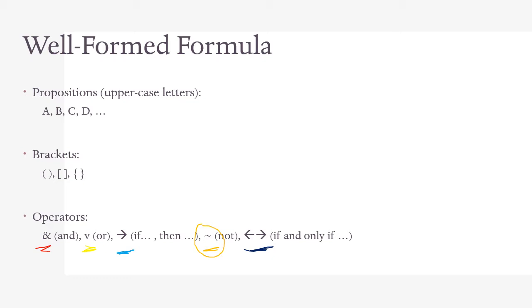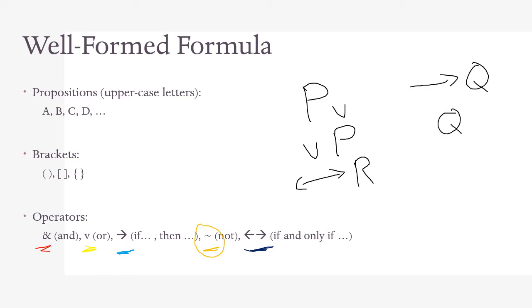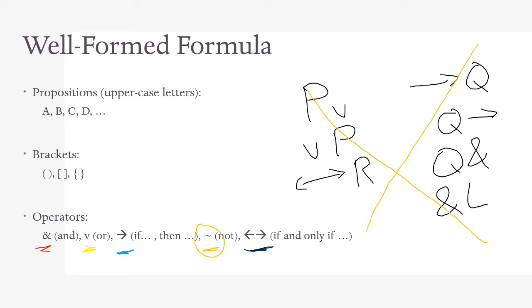So you couldn't write P wedge, or wedge P, or double arrow R, or arrow Q, or Q arrow, or Q and, or and L. All of these are not well-formed formulas because you have to have some other letter attached to these operators.